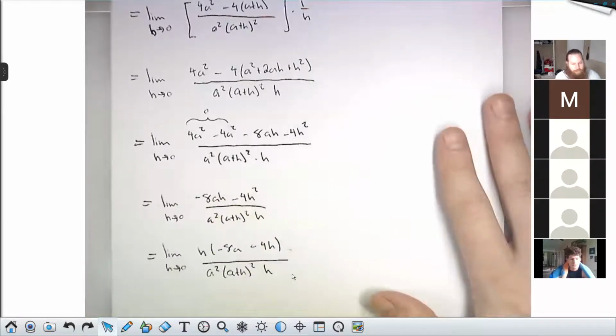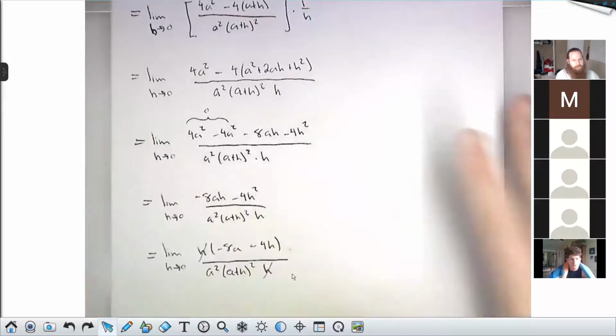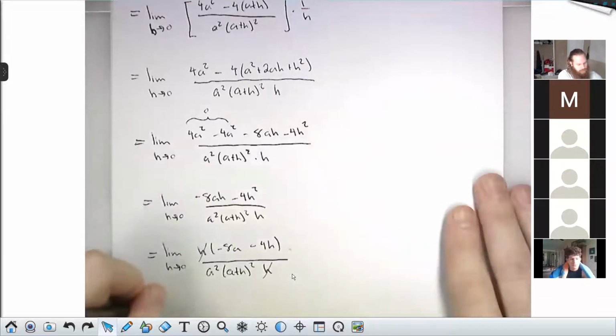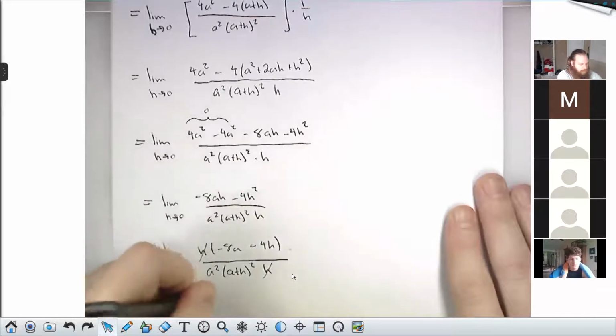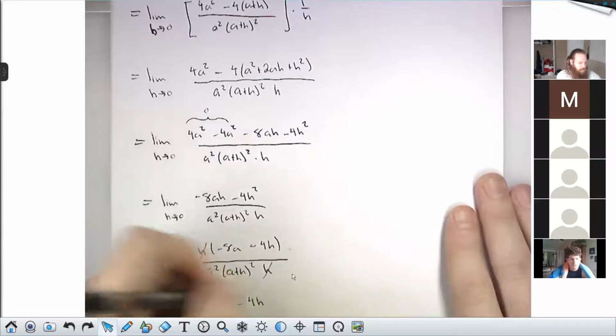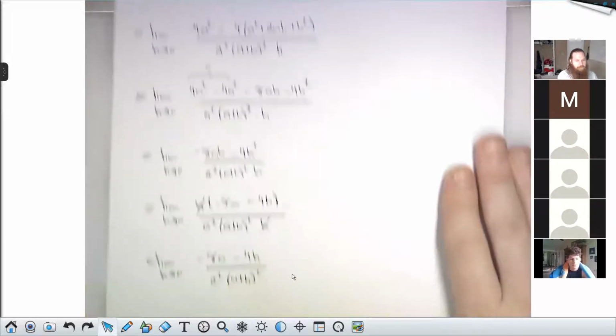The h's go, this h and this h. And what's left is the limit as h goes to 0 of negative 8a minus 4h all over a squared times (a plus h) squared.